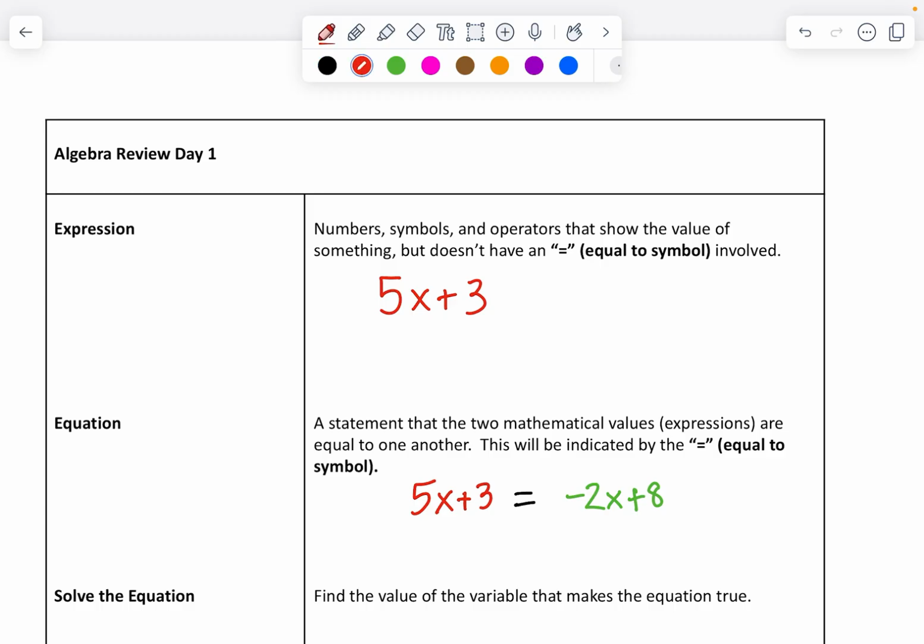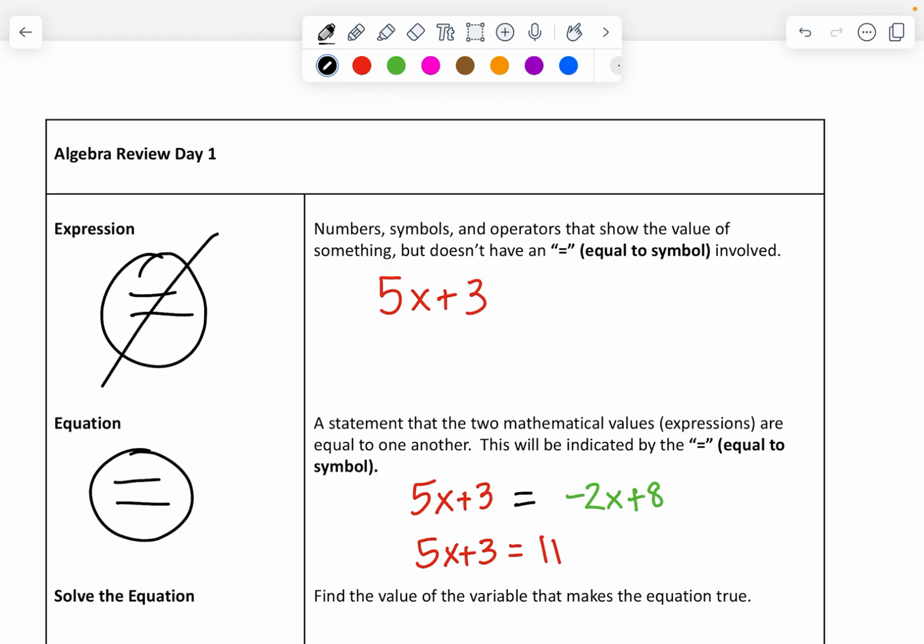It could also be something simple like 5x + 3 = 11. It could just equal another number. The key, definitive thing here is that this one has an equal sign and this one does not have an equal sign.